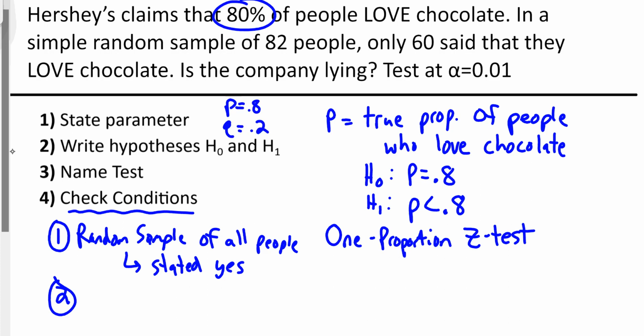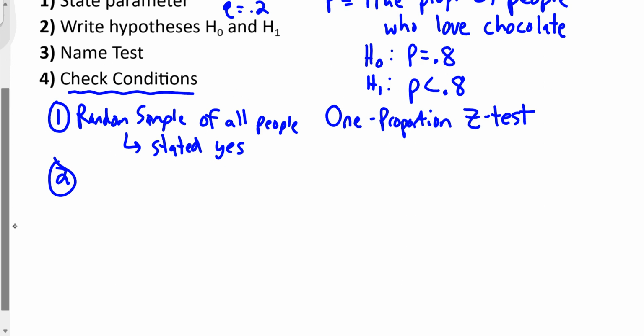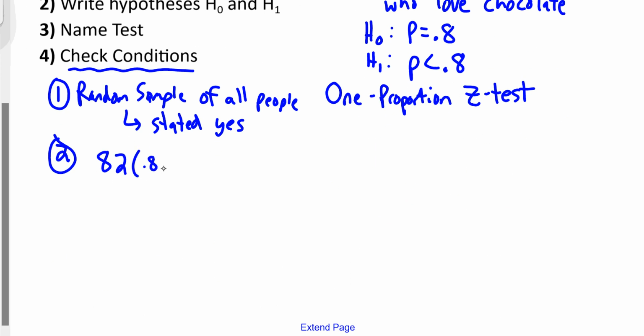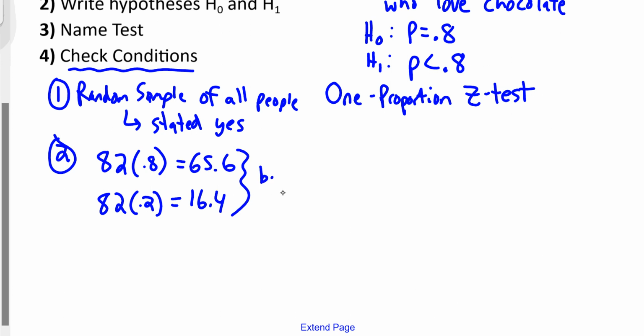Common mistake would be using the sample, but since we're testing using a parameter, we're going to use that. So there was a group of 82 people, and we're going to use 82 times p. That gets us 65.6. 82 times 0.2, so n times q, that gets us 16.4. Since both are greater than or equal to 10, we're good to go on that one.